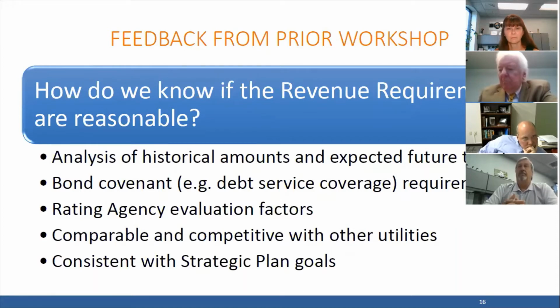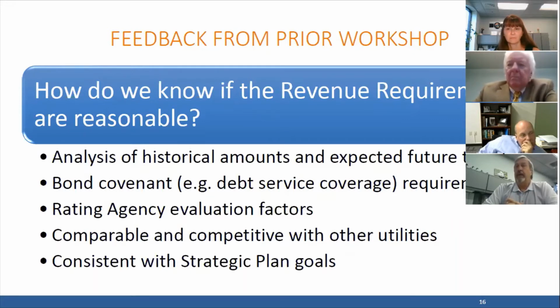And so in order to develop what we believe the revenue requirements need to be, in other words, what level of rates need to be in the future, we look at what we expect the cost to be. And we do that based on what historically the costs have been and how we expect them to change in the future. We have other financial requirements associated with bonds, debt service coverage.